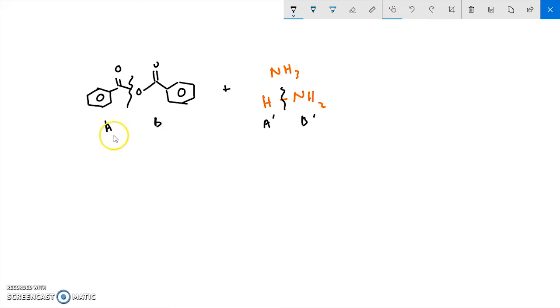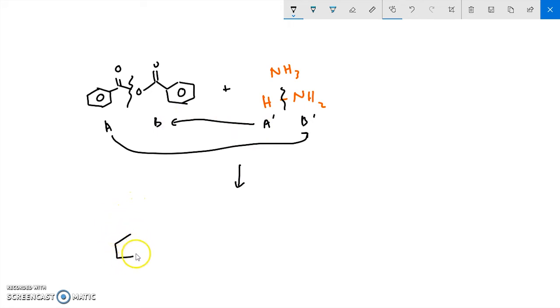We're going to switch the partner, where the A will combine with the B prime, while the A prime will combine with the B to produce the following product. The A structure comprises a benzene with C double bond O, which is then attached to NH2 from the B prime.